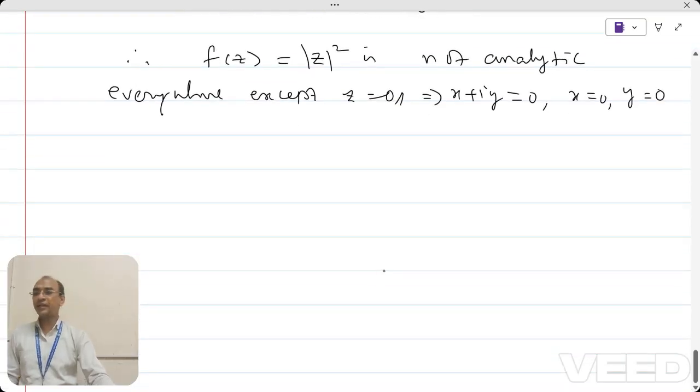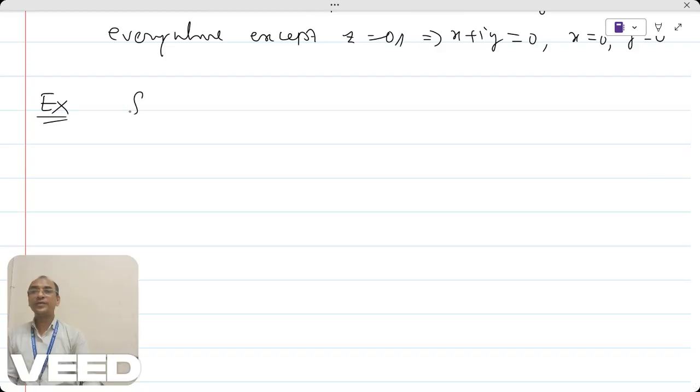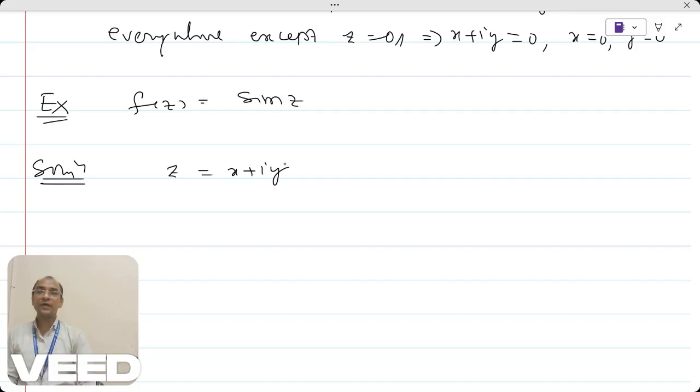Suppose I take another example here. f of z is equal to sin z. Whether it is analytic or not? So we know that z equals x plus iy, and now we have to find the real and imaginary part for sin z.